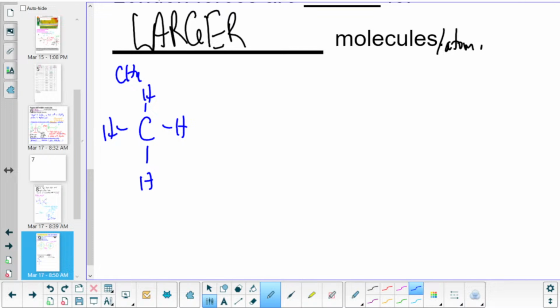But if I do, say, methane, propane, what do you put in a lighter? Butane. Butane looks like this.